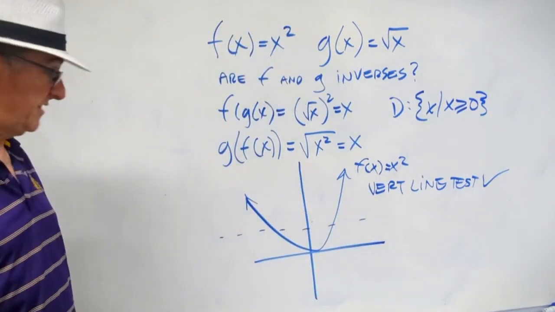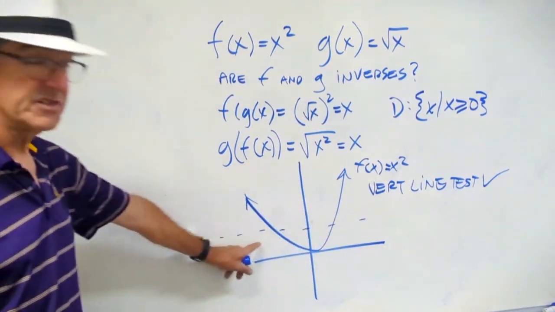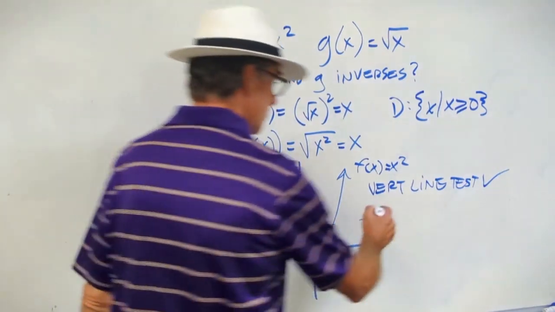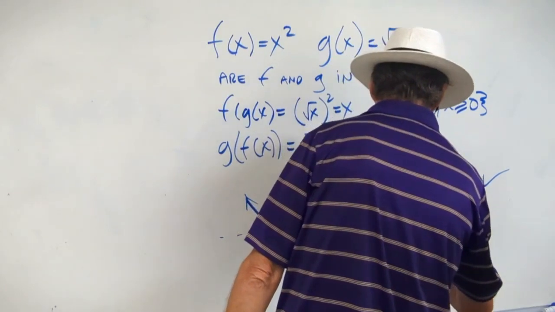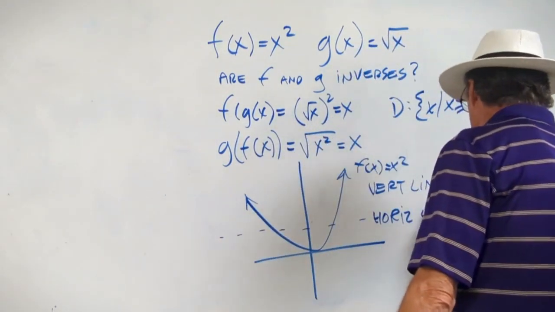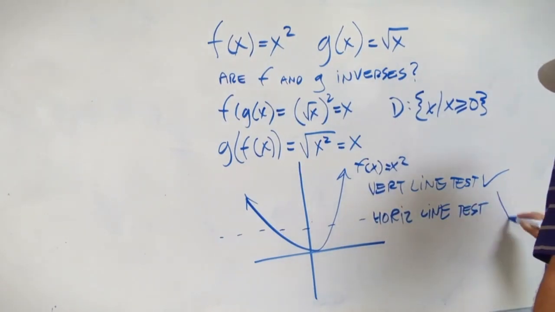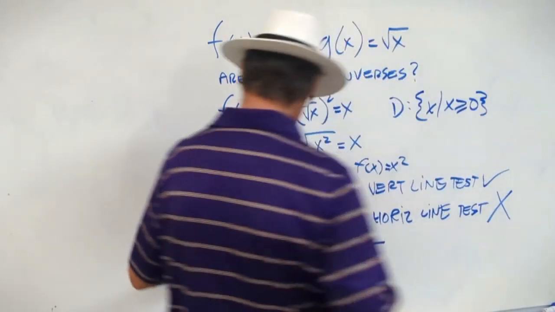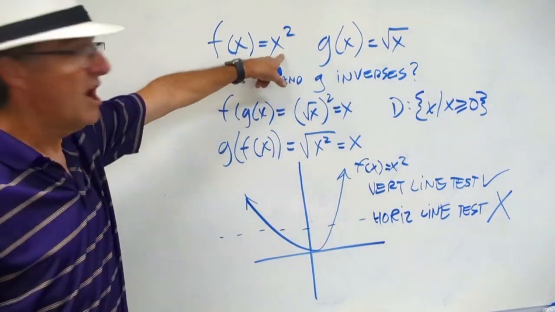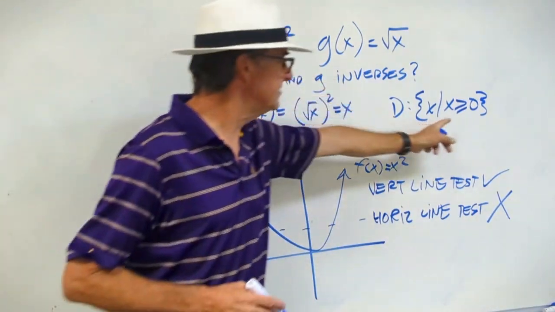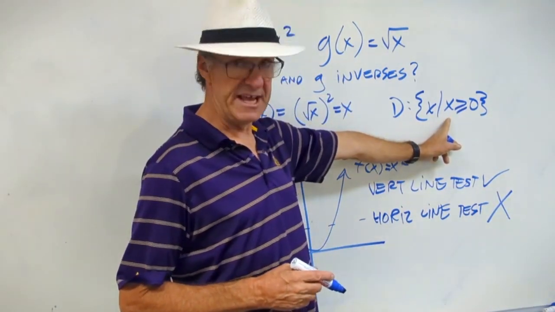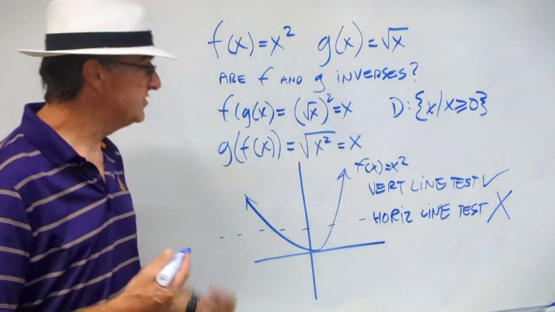It doesn't pass that because the horizontal line crosses the function in two places. So horizontal line test, and that's a no. So x squared does not have an inverse unless you specify the domain. Okay, so that's the trick there.